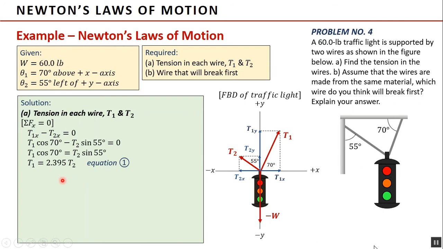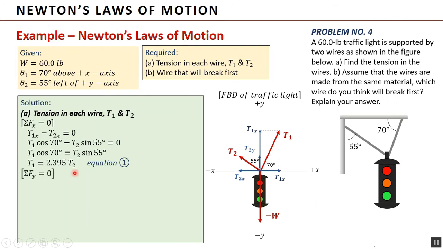We do not know T2 yet, so it is impossible, for now, to solve for T1. Just like what I have mentioned in the problem-solving strategy, we need to generate one more equation to solve this problem. So we label this first as equation 1. We will return to this equation later.